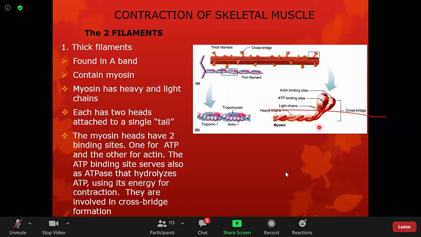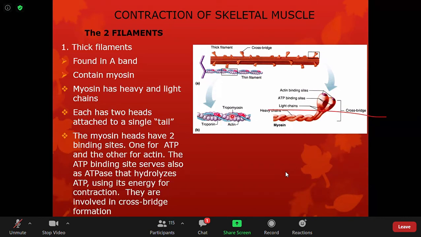And the myosin heads are involved in cross-bridge formation. These are the ones that will attach to the thin filament.